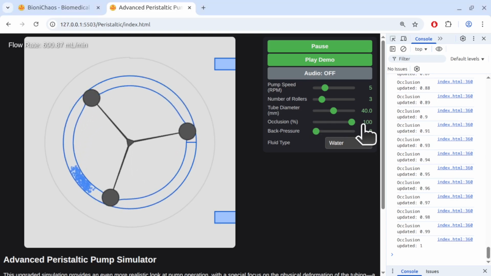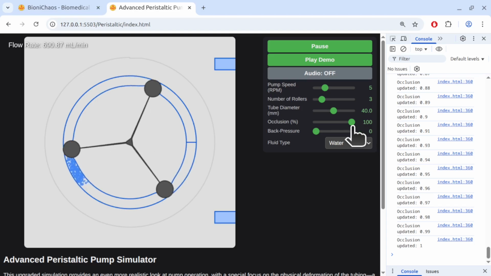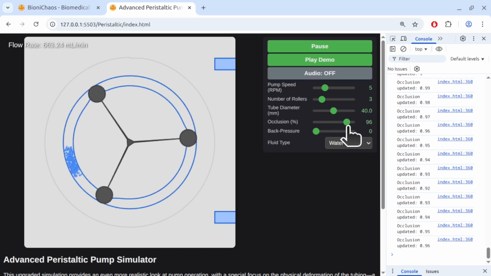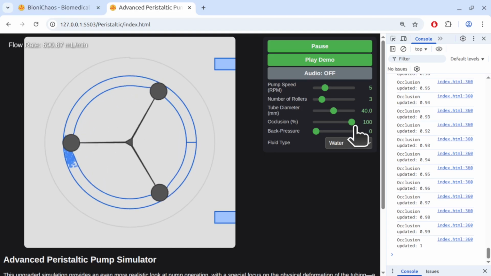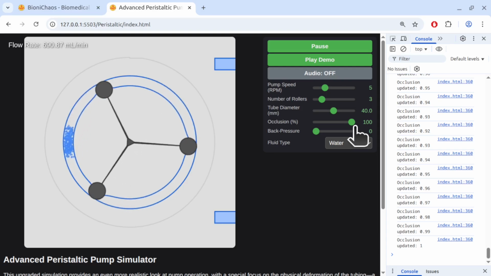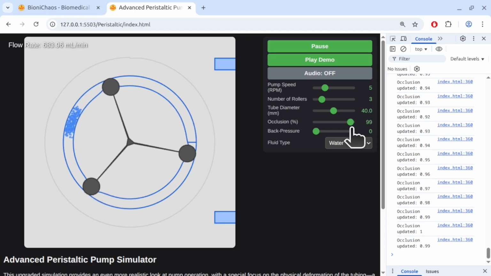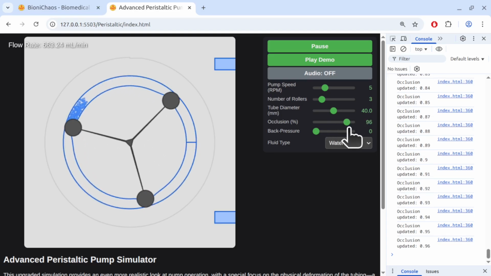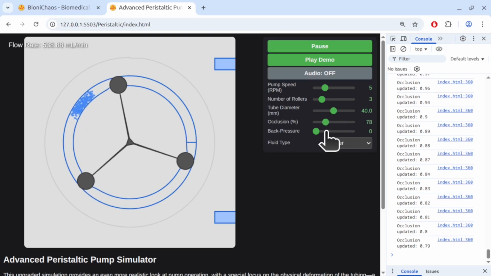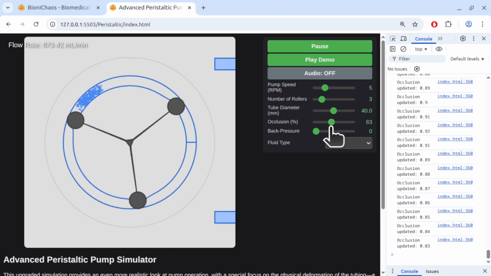In a peristaltic pump, the rollers themselves typically have fixed positions relative to the pump's rotating mechanism. The occlusion setting usually refers to how much the rollers compress the flexible tubing, which changes the inner diameter of the tube, not the physical position of the rollers. So how do the rollers do that in the real pump?